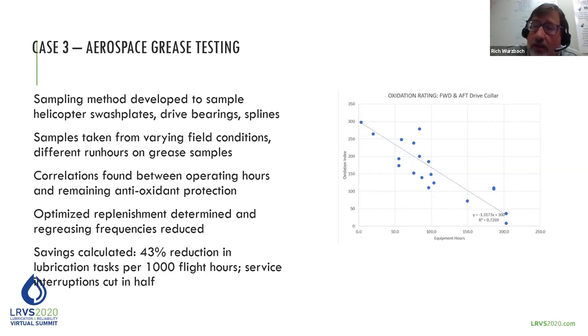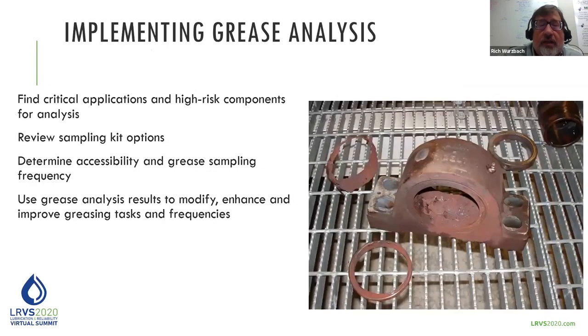That was actually less than the existing guidance for PMs or periodic change out. So in this case, we were able to get a 43% reduction in lubrication tasks per 1,000 flight hours, and the service interruptions, how often these helicopters had to come back for maintenance, were cut in half. So significant improvements, significant cost benefit.